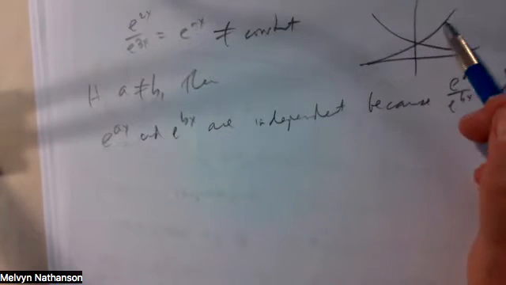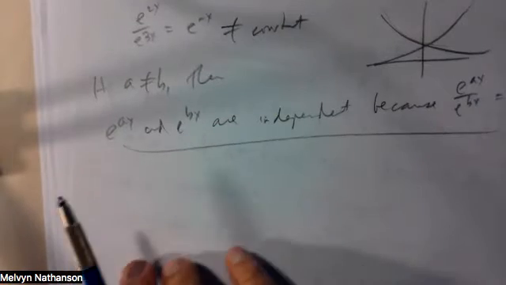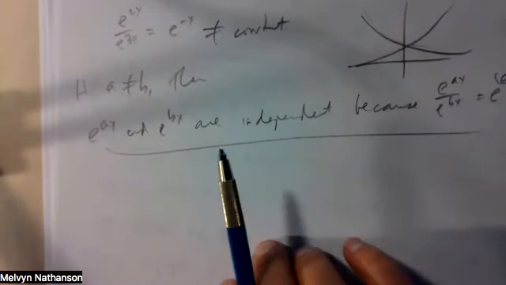If a is bigger than b, you have an exponentially increasing curve, and if a is less than b, you have an exponentially decreasing curve, but it's not constant. So any two distinct exponential functions are linearly independent of each other.